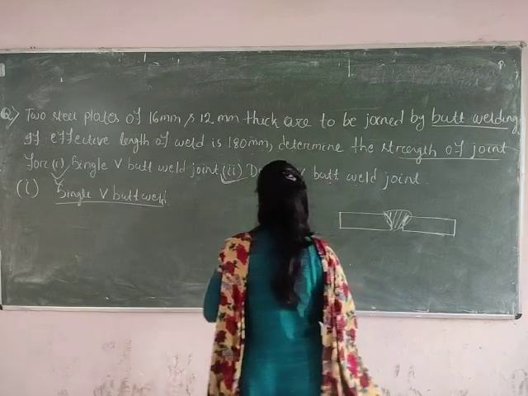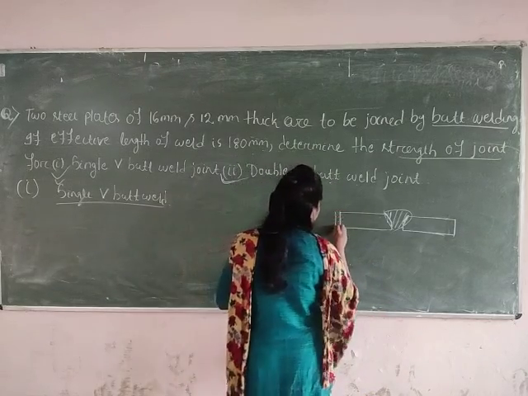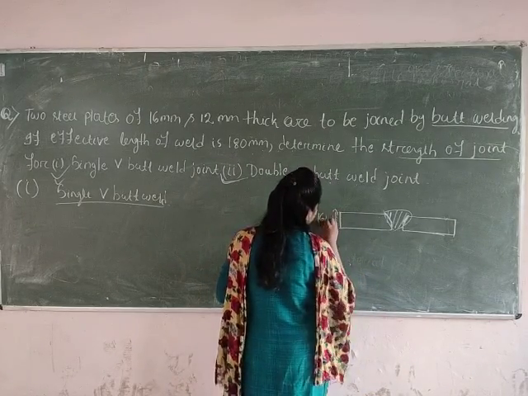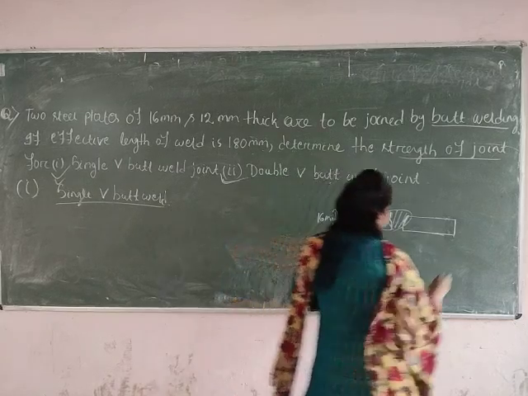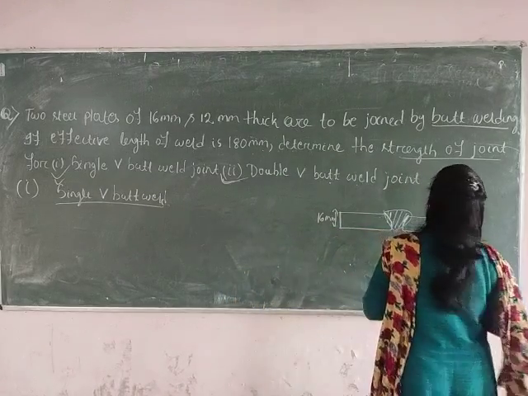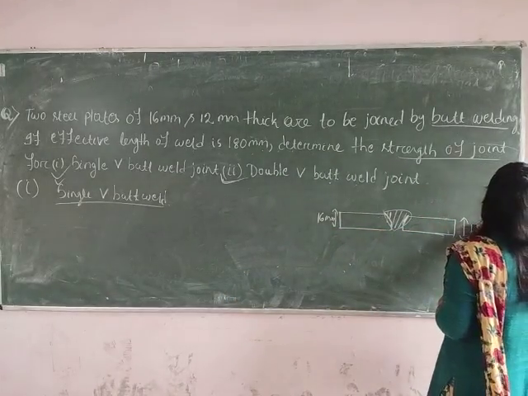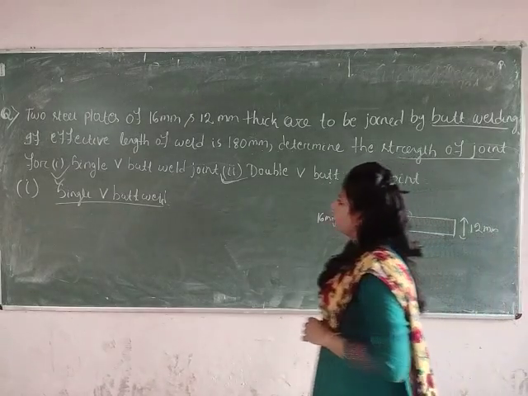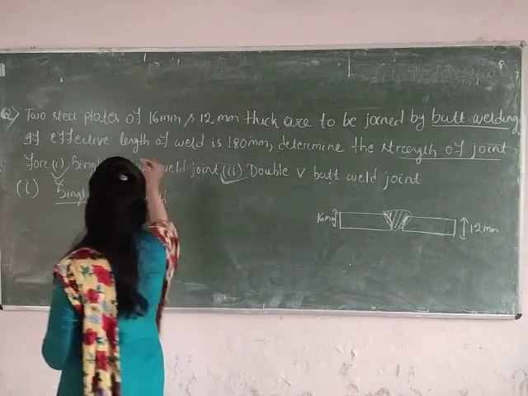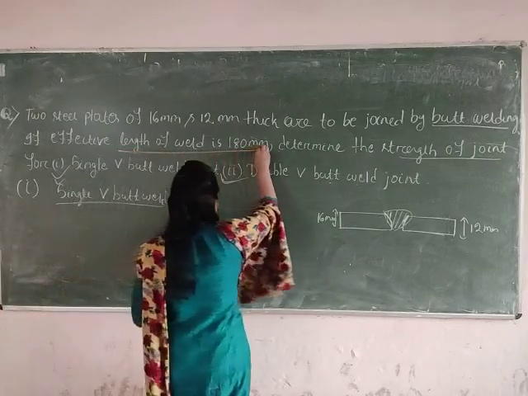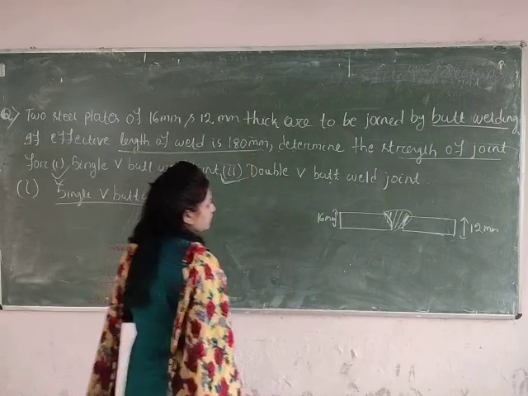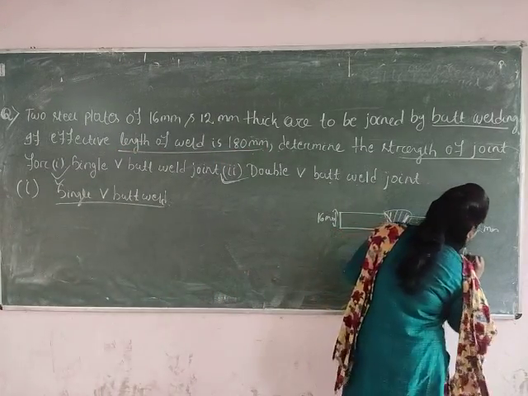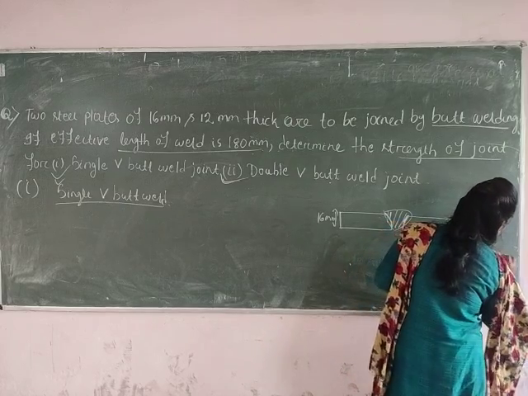Here the thickness of this plate is 16 mm, that is given in the question, and the thickness of this plate is 12 mm. And the length of weld is given in the question, that is 180 mm.